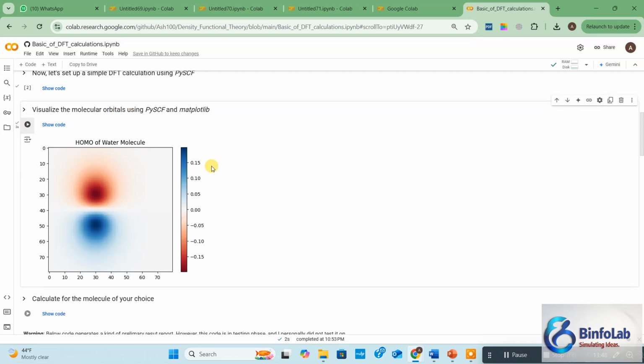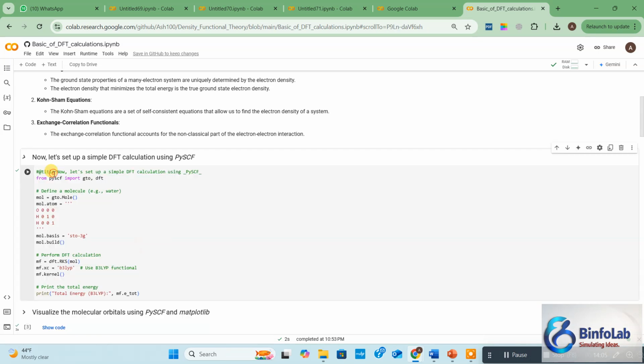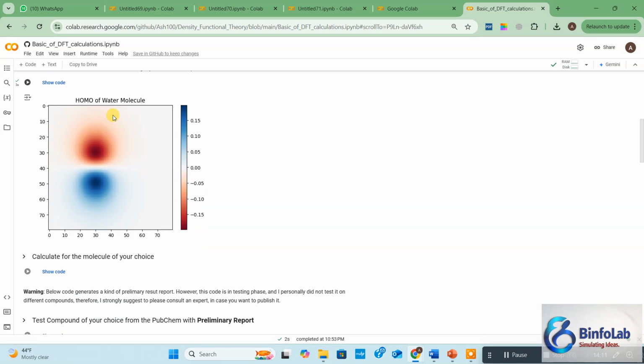Now you can see here, this is the HOMO of the water molecule. What is HOMO? We will learn below. This is just the HOMO of the water molecule, because we have calculated DFT for the water molecule here.